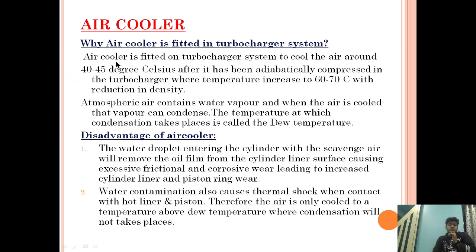The air cooler is cooling the air to around 40 to 45 degrees Celsius because it has been adiabatically compressed in a turbocharger, where the temperature increases to 60 to 70 degrees Celsius with a reduction in density. Atmospheric air contains water vapor, and when the air is cooled, the vapor can condense. The temperature at which condensation takes place is called the dew point.